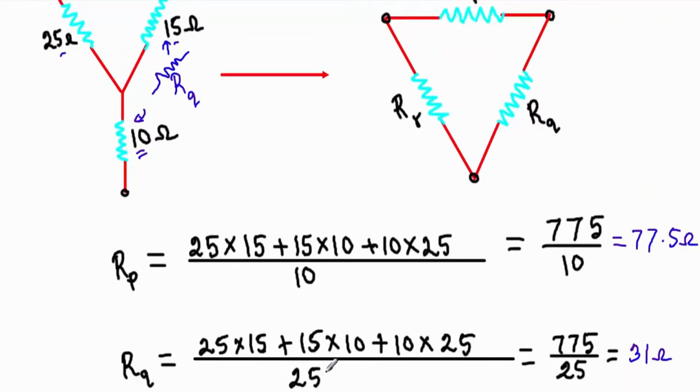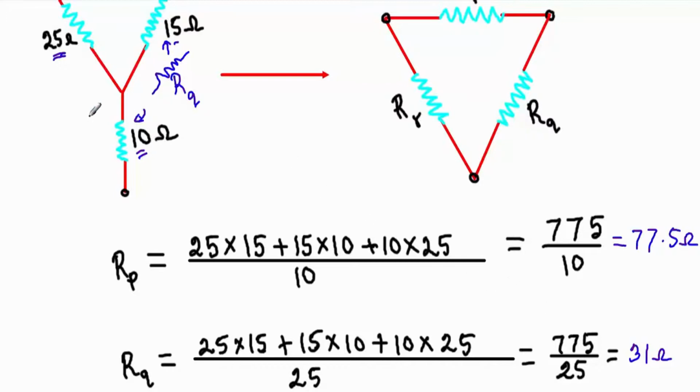See, 25 into 15 plus 15 into 10 plus 10 into 25, and divide this summation by the resistance that is opposite to this Rq, and that resistance is 25 ohm. So I divide this whole sum by 25, and 775 divided by 25 will be equal to 31 ohm.